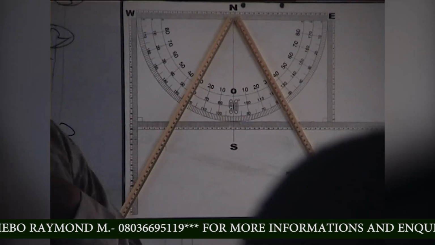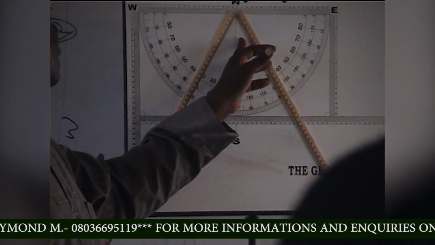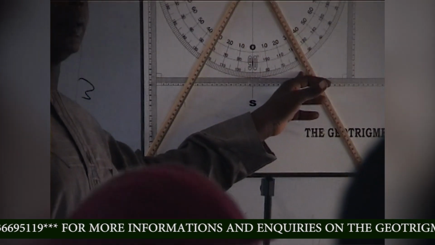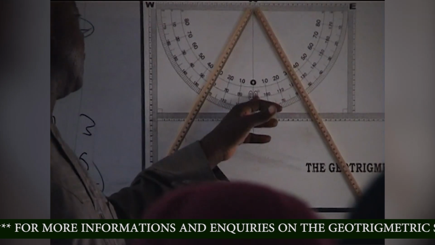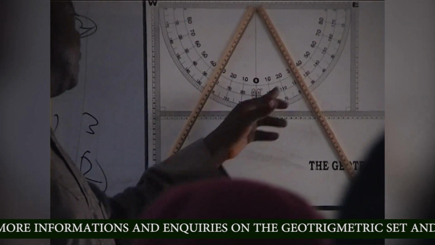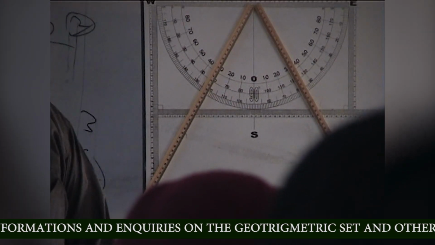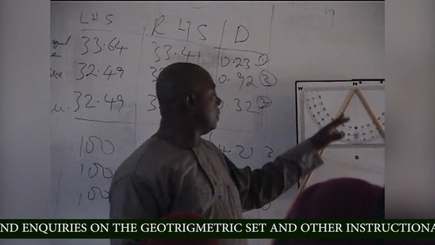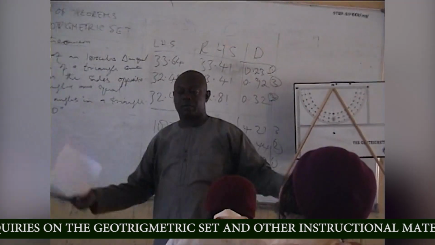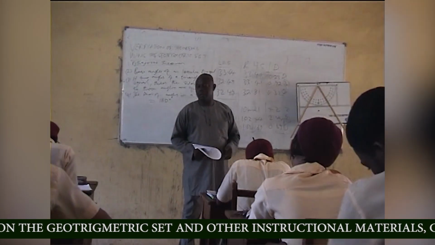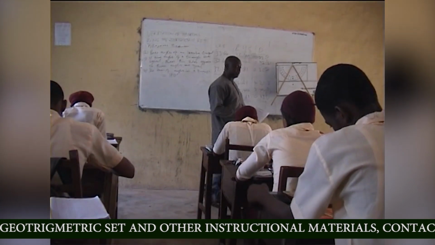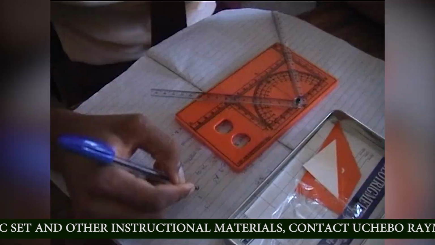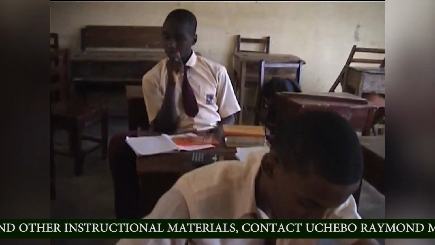Then my own, for convenience, I put this at 30. This is 90, this is 60. This is 30, this is 90, this is 60. So this is 60, 60, 60, and this is 180 degrees. I want someone to do it without using a protractor and just change it, and see whether it is still a triangle and you can see the angles. Just put it wherever you like, then read the values.